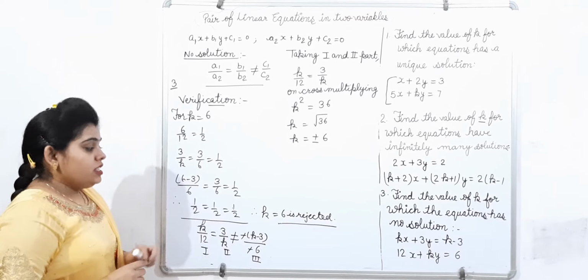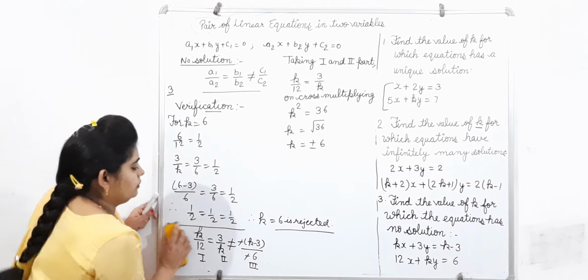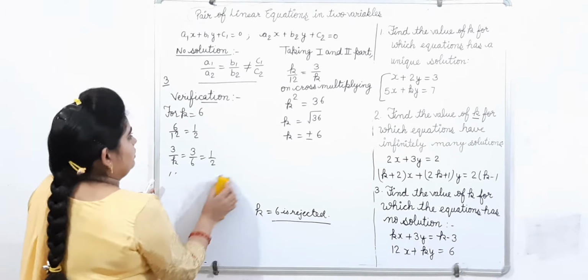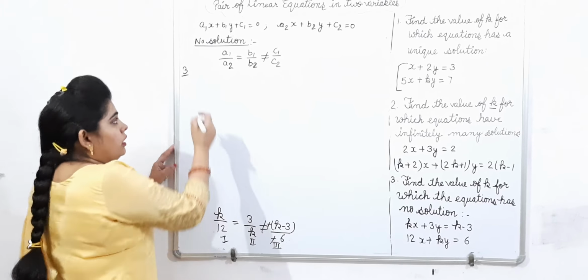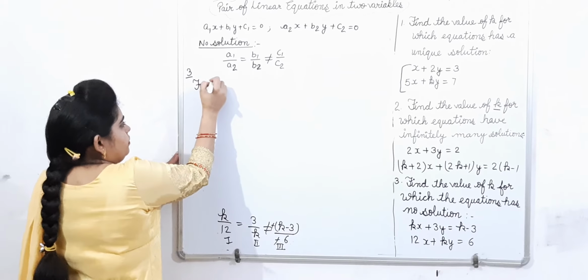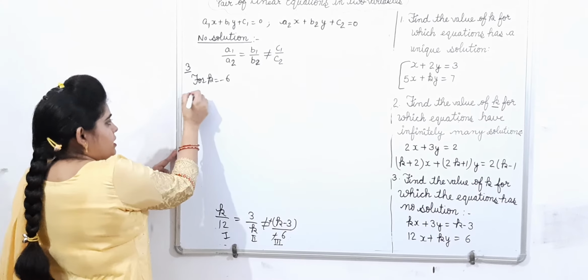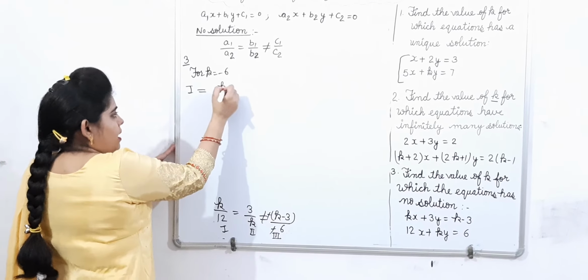Now we will check it for minus 6. Now we will check for k is equal to minus 6. Putting these values, the first part is k by 12, which means minus 6 by 12.